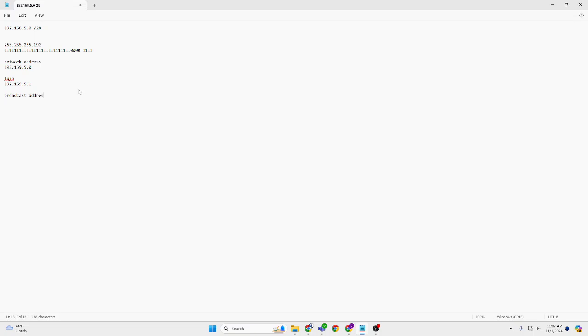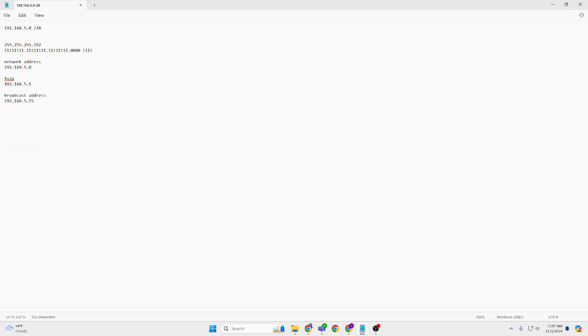So basically what this is going to do is going to be like 1, 2, and then 4, and then 8. So I believe that's 15. So it's going to be 192.168.5.15, because 8 plus 4 plus 2 plus 1 is definitely that. And I think I messed up here, I accidentally did a typo. But that's going to be the broadcast address.